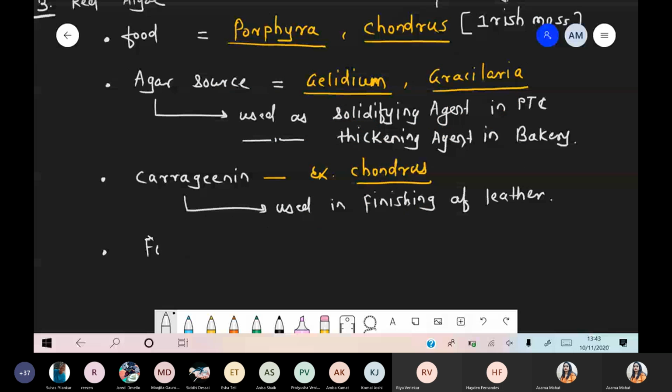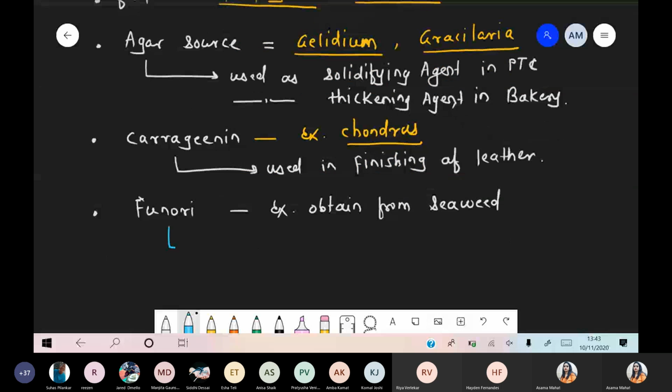Funori is basically obtained from seaweed. And the function of that Funori is that it is used as a glue, or simply it is used as an adhesive agent.